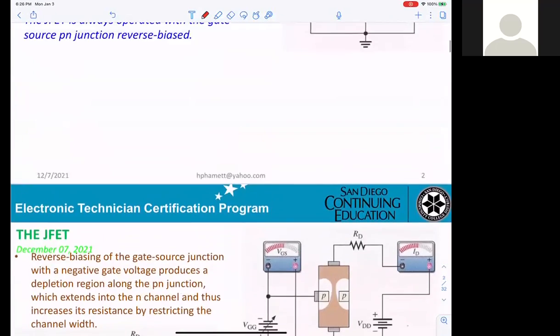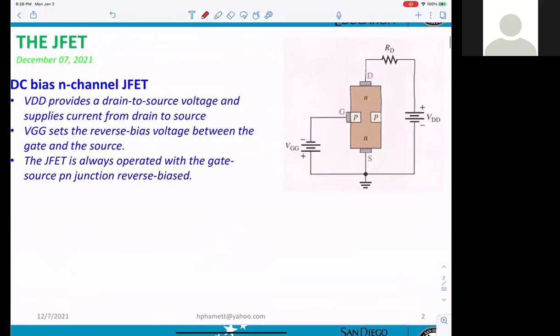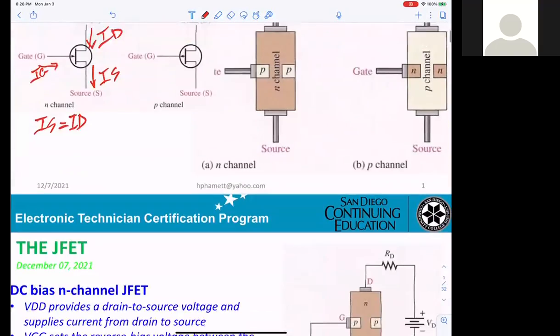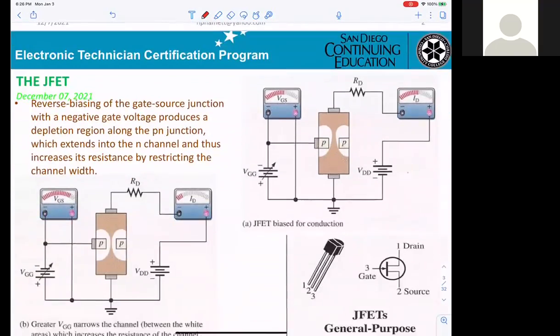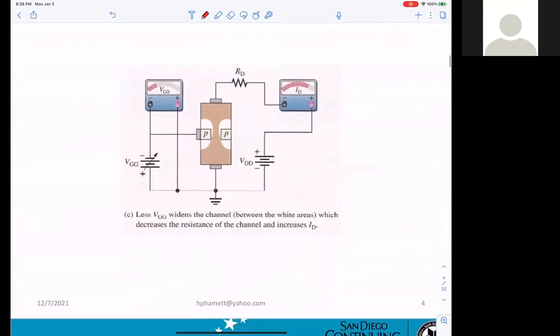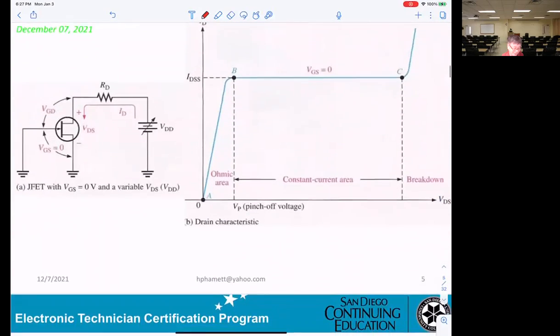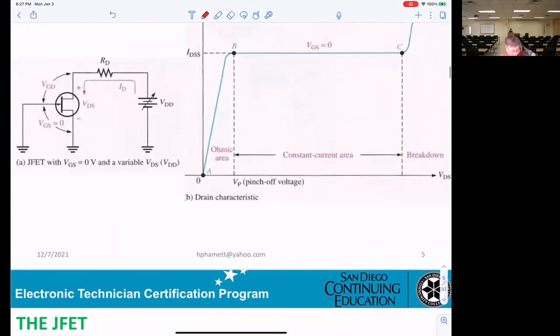Because the gate is normally open, and when you apply voltage to the gate, the channel becomes narrow, and then it becomes an off device. Okay, now I'm telling you: is a bipolar transistor an on or off device? Off device. Why off device?